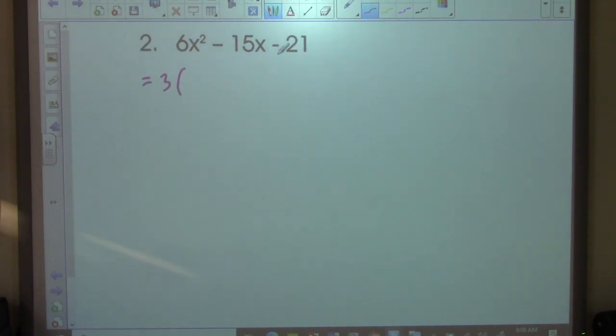Because 6 isn't going to work with 15, nor is it going to work with 21. So we have to pare it back, and so 3 is probably the greatest common factor we can deal with. So then we say, okay, that's 2x squared minus, and if you divide 15 by 3, that's 5, isn't it? So this is going to be 5x, and then 21 divided by 3 is going to be 7. So we have that.